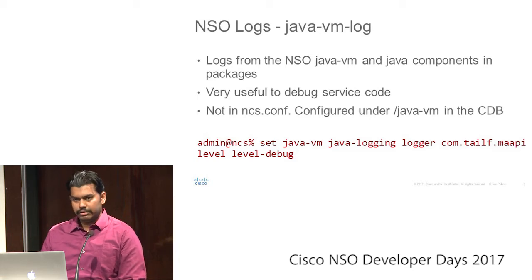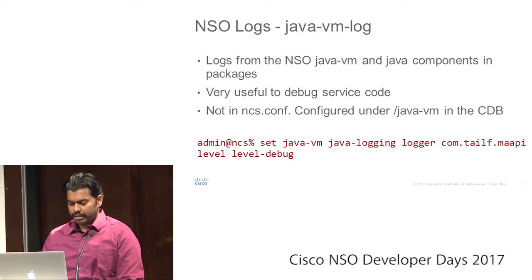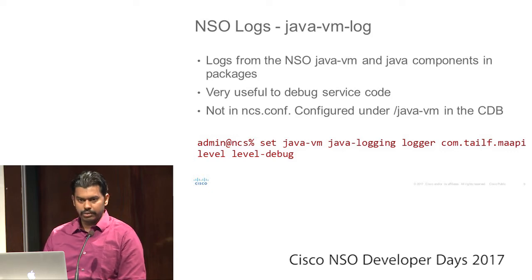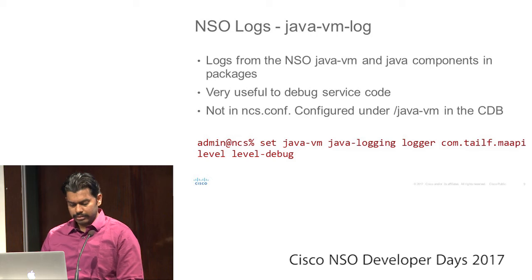But if you have your own service packages or your own components in the Java packages, you can give that component name here and set the level to whatever level you want to get the log messages from your own service package or your own Java component in the Java VM log.